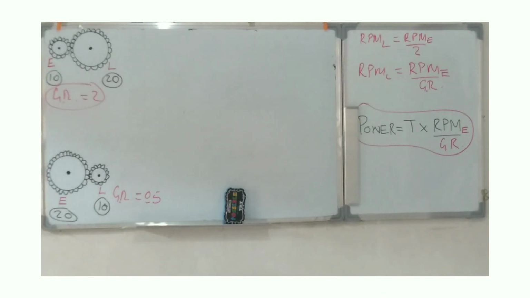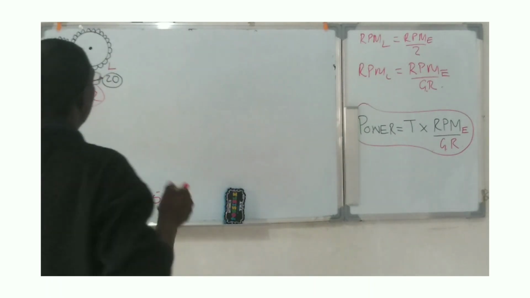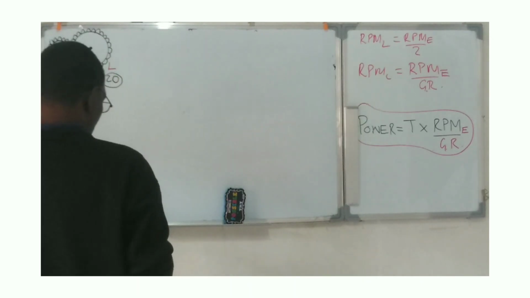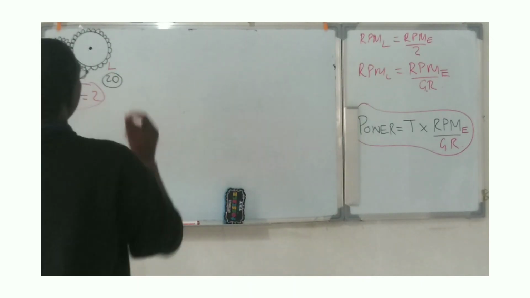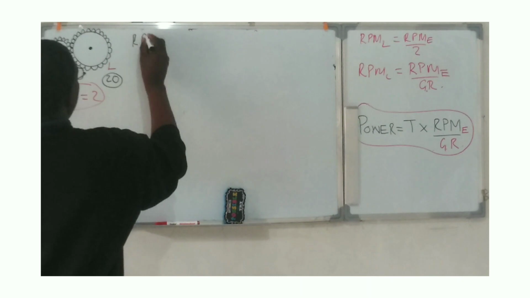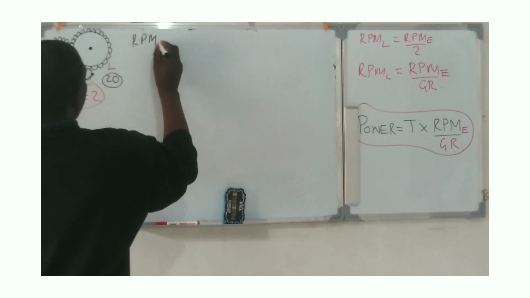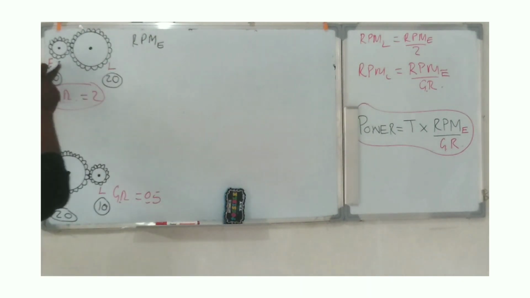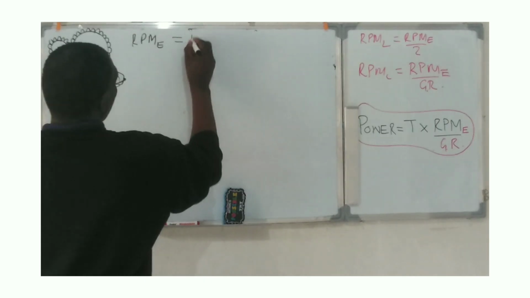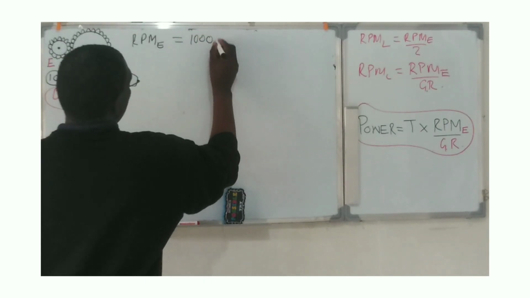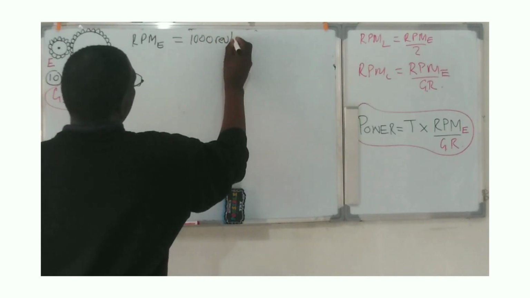Let's also suppose that our effort gear here is directly connected to the engine and has an RPM of 1000. So we can write, the RPM of our effort gear connected to the engine is equal to 1000 revs per minute.